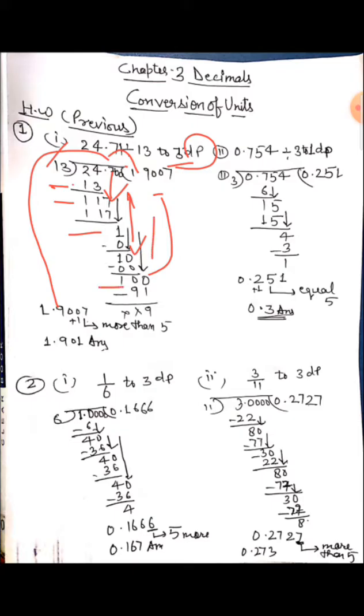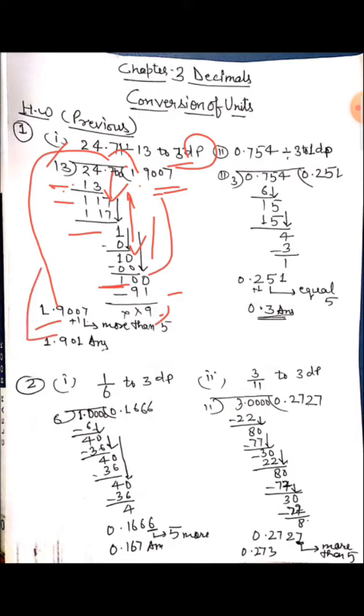And you know the property of decimals: decimals always give a 0 to bring down. So now 100. The question says to find the answer up to 3 decimal places, so first we find the answer up to 4 decimal places. Then 13 sevens are 91, after subtraction we get 9, and now we stop here.